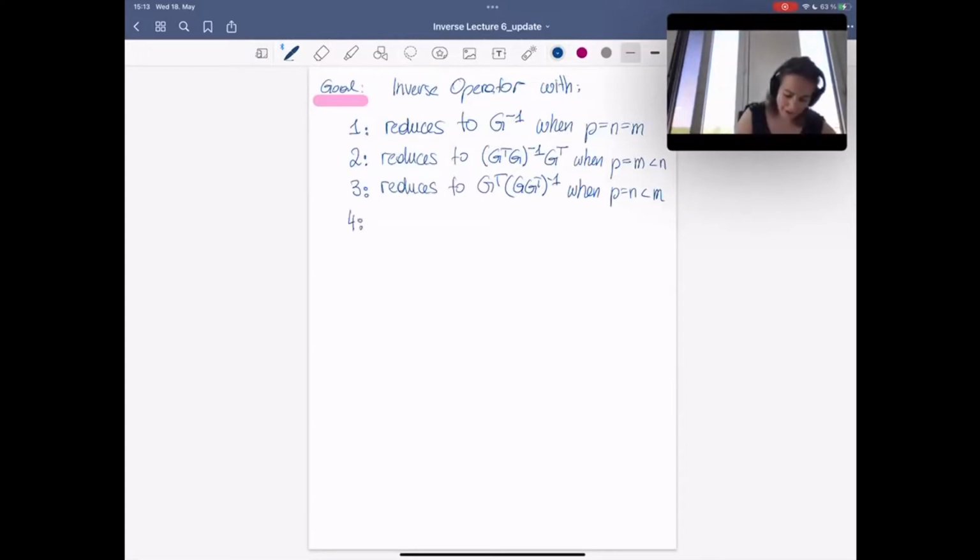And 4, we need an inverse operator that exists for all other cases. When p is lower than the minimum of m and n.